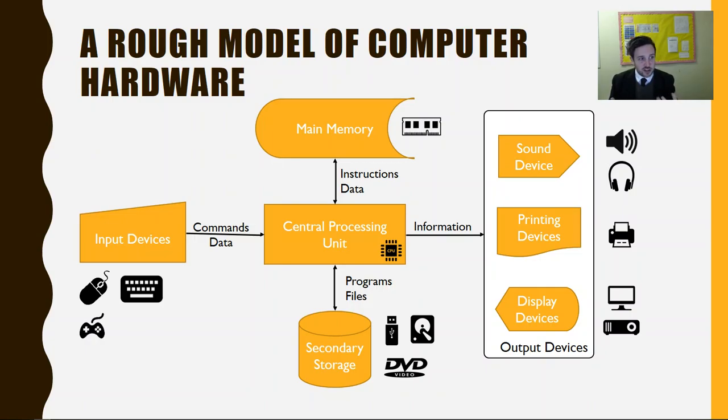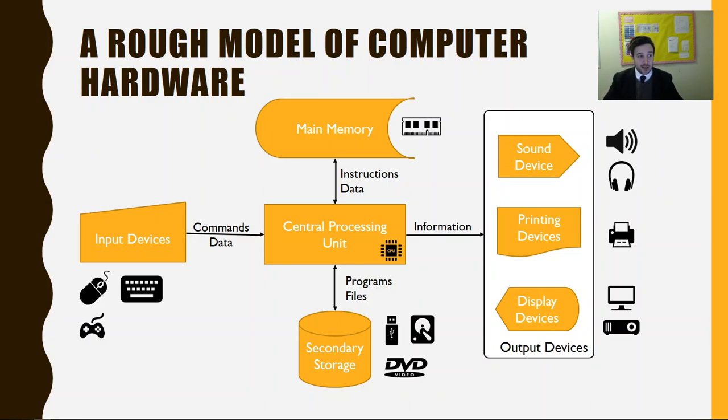They send commands sent by the user or data entered by the user over to the central processing unit. The central processing unit, we'll come on to in a little bit, but it's basically a massive brain in the middle of the computer, a load of circuits that take inputs and turn them into information that's either displayed on the screen or given to you through the speakers or maybe even printed out.